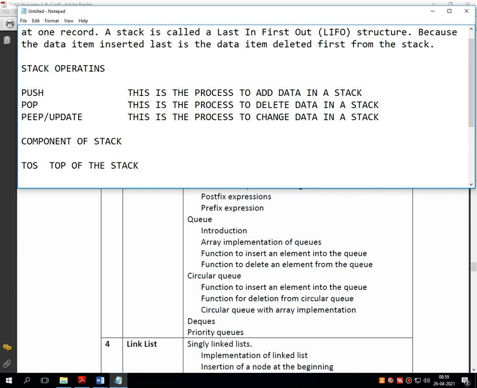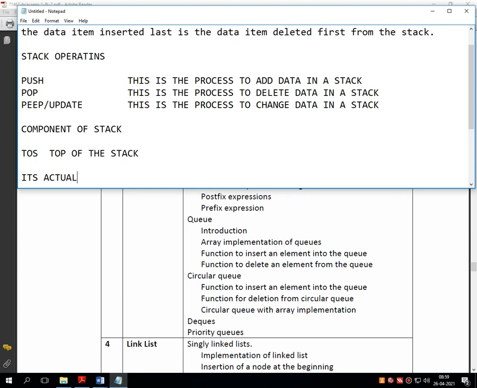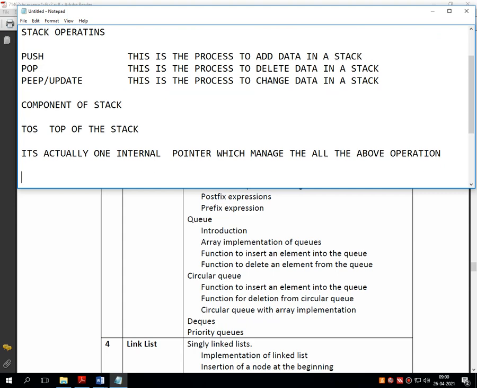It's actually one pointer, or we can say one internal pointer, which manages all the above operations. All the operations means the operation called push, the operation called pop, the operation called pip.